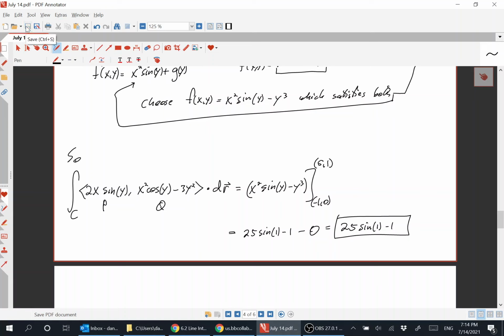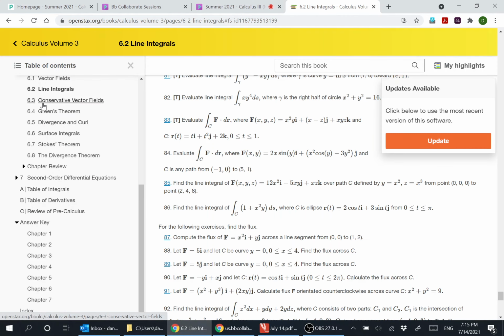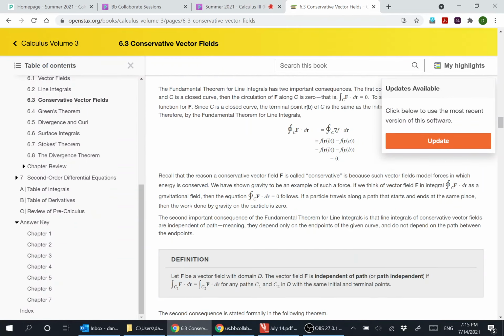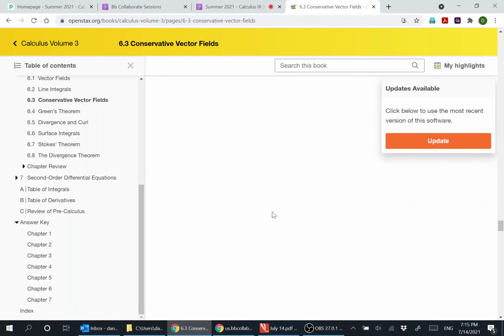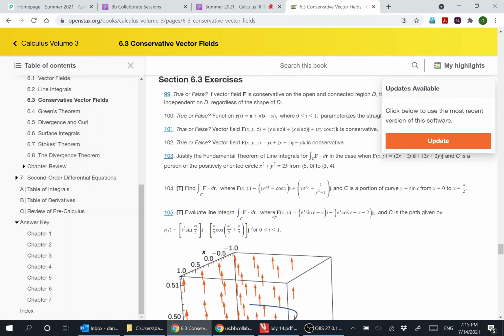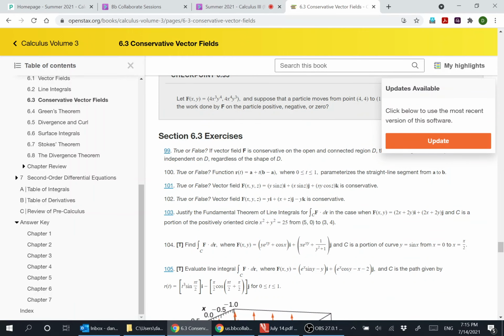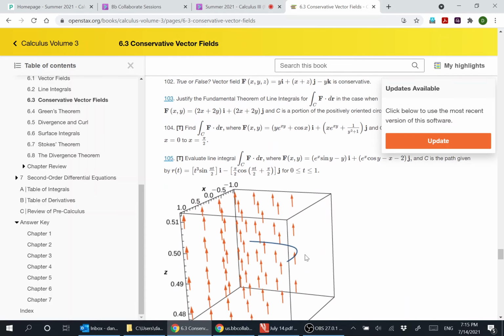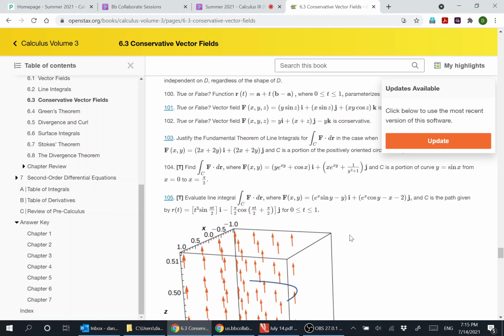Moving on to the problems in section 6.3 itself. So the first one is 105. Oof, that's a nasty looking one.